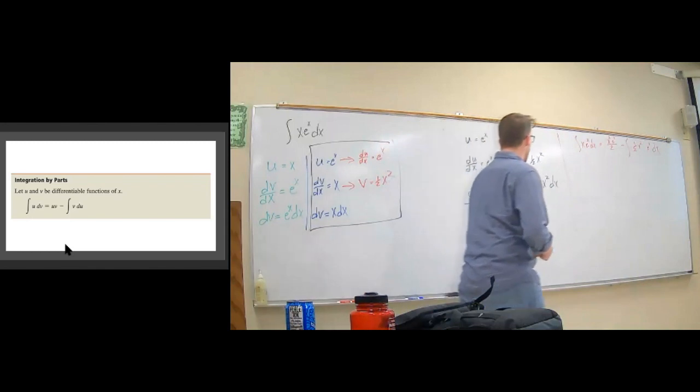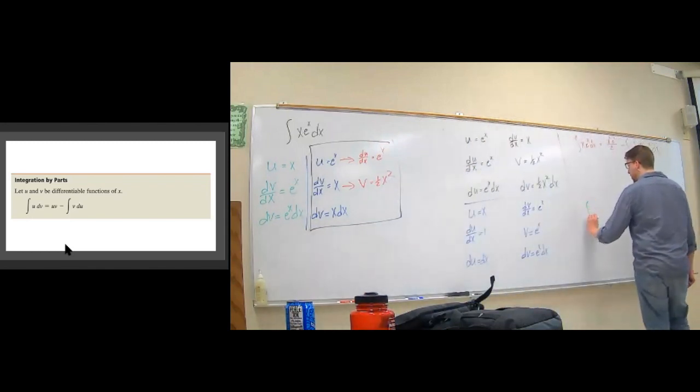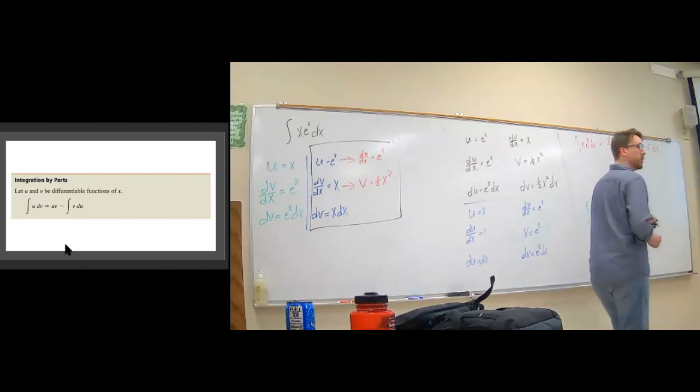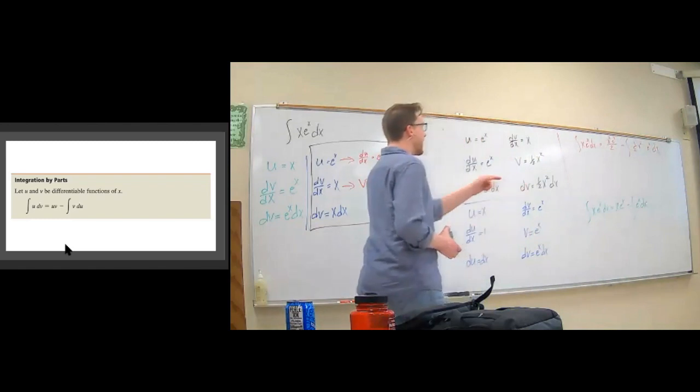So let's put all that together now. We start off with the integral of x times e to the x dx is equal to, well, u times v is x e to the x minus the integral of v, e to the x, times du, which in our case was just dx. This I can solve.